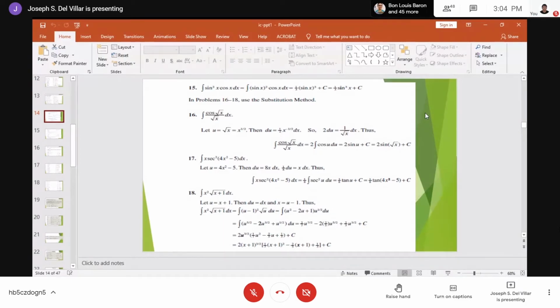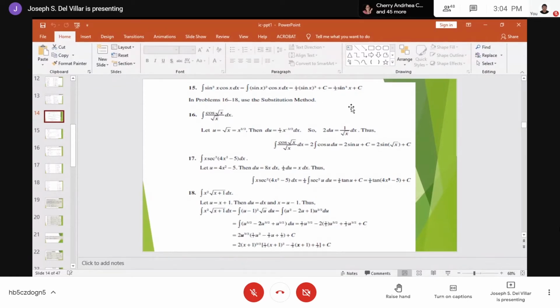But u is sine x. So that is 1/3 sine x quantity cubed plus c. Therefore, the final answer is 1/3 sine cube x plus c.